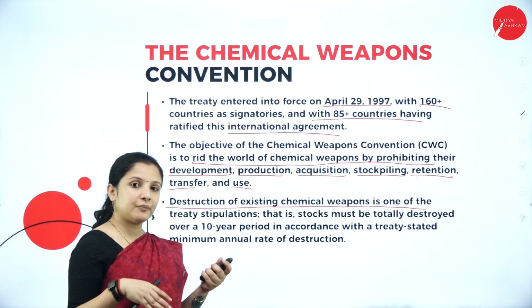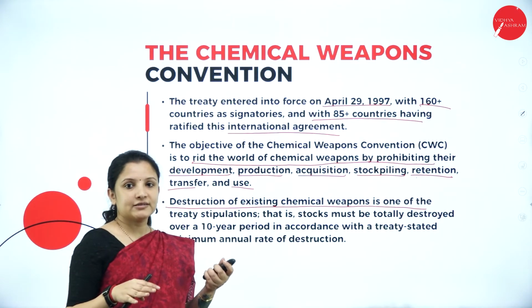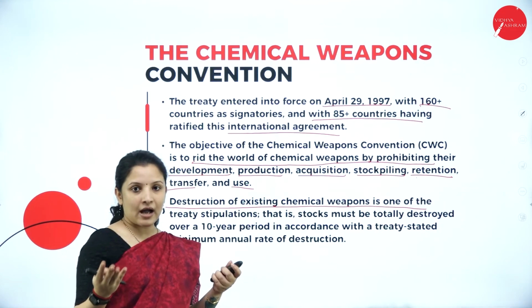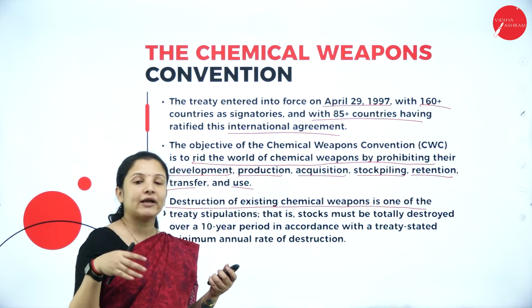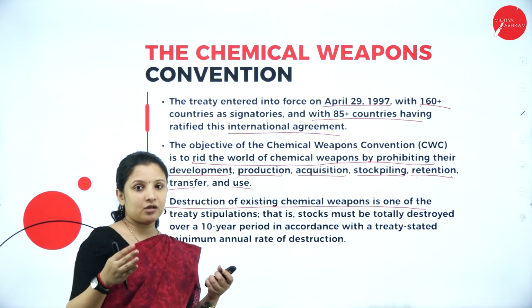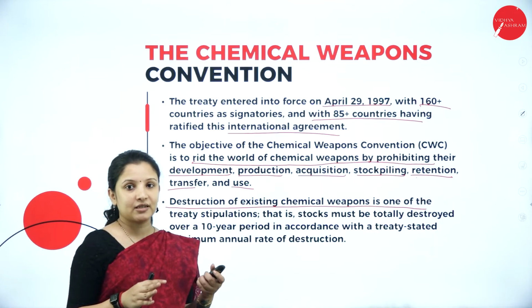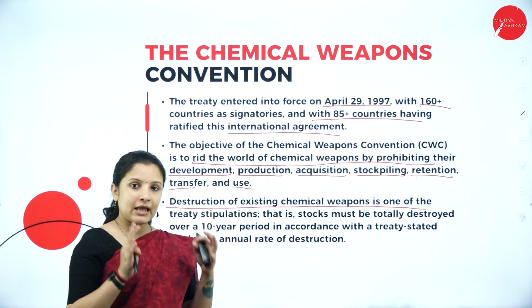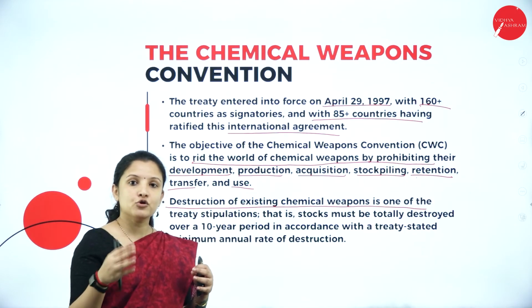So if the chemical weapons are there, obviously when there is a war happening between two countries, they'll tend to use it. And these chemical weapons can be so devastating, they can make the whole land not suitable for human living.